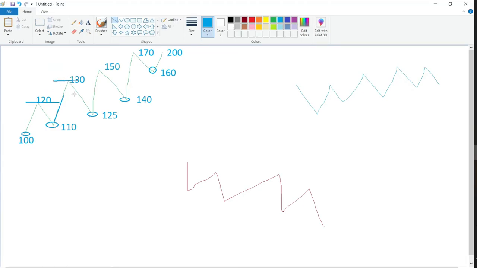Again, when you are at 125 levels the high is 130, and when it goes, it crosses this 130 level again. So every time the stock has moved, it broke the previous highs. At 110 it broke 120, and at 125 while moving it broke the previous high. At 140 it broke the previous high of 150.